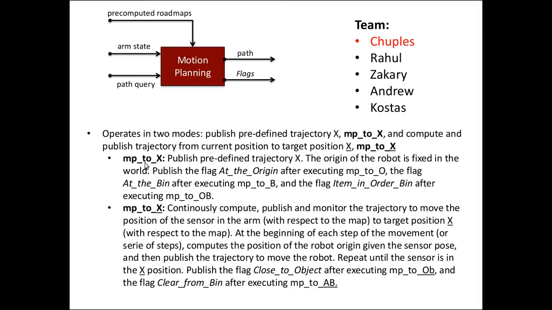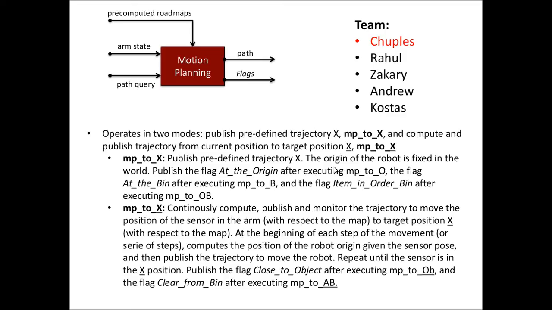So in this mode of operation, this model will publish a predefined trajectory. This predefined trajectory X will depend on where the state machine is in this sequence of states, and this model will simply publish this trajectory.